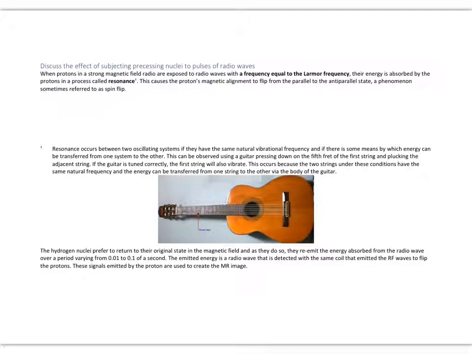This causes the proton's magnetic alignment to flip from the spin that it's doing around to another state of spin. If you think of it like a top being flipped from its normal spinning position over to its side into a less stable position, this is called spin flip or resonance.